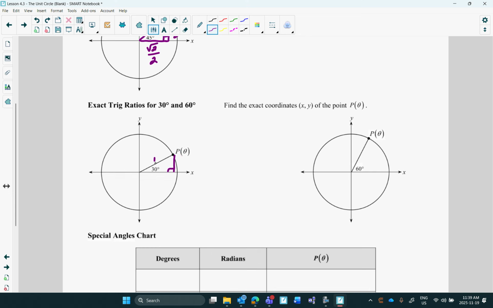What were the other 2 sides? Which one is root 3 over 2? The longer one on the bottom. Which means this side is 1/2. So therefore, at 30 degrees, a point on the unit circle will be root 3 over 2, comma, 1/2.